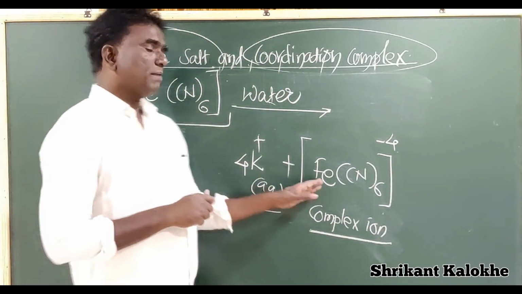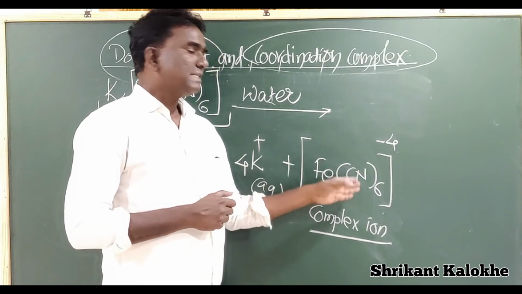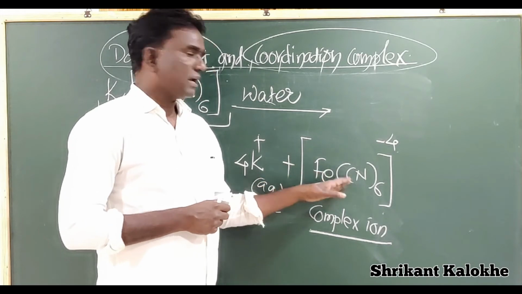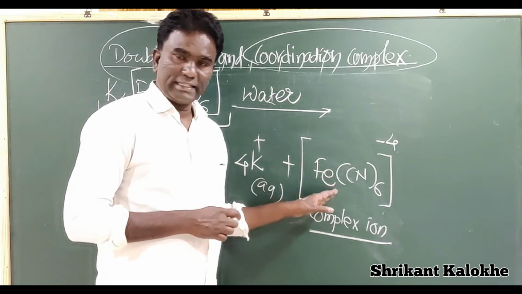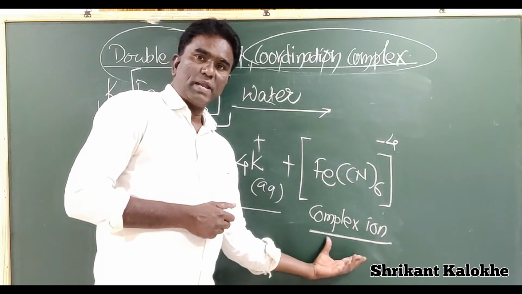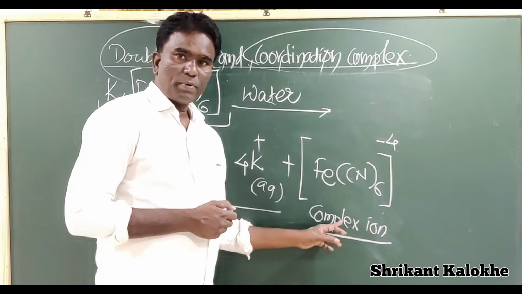If it had been a double salt, you would have gotten Fe++ ions and cyanide ions separately, but you are not getting this. You are getting it in the form of a single complex ion, and therefore this is a coordination complex.